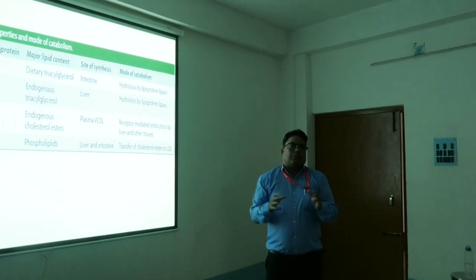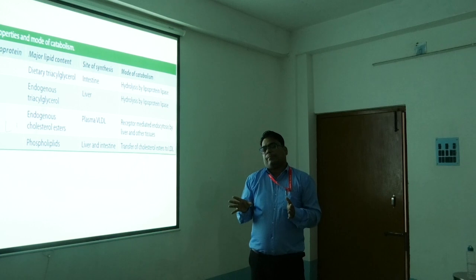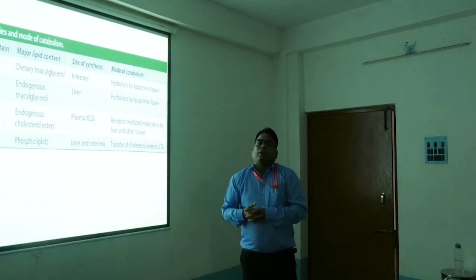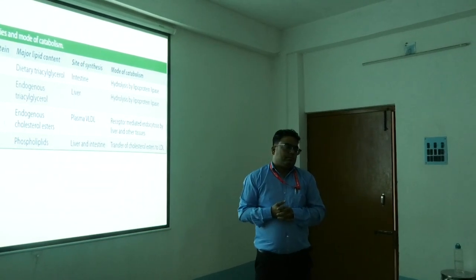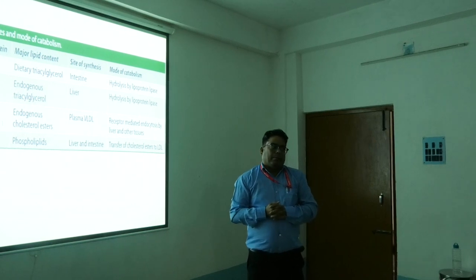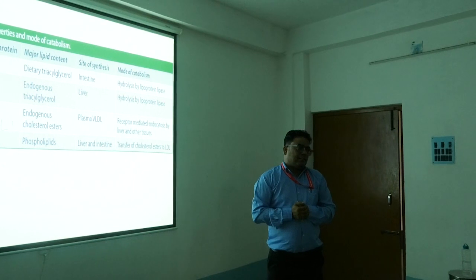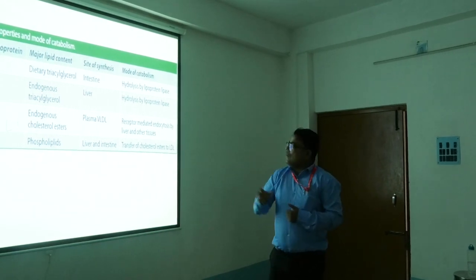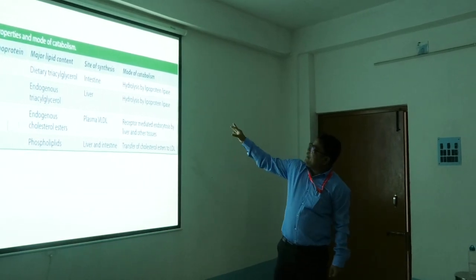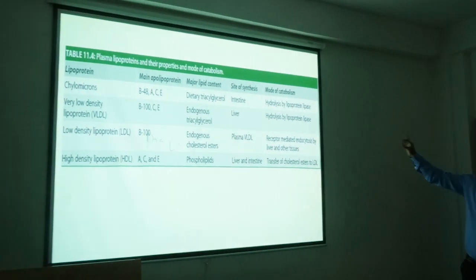Okay. If the question in the exam asks you to write about lipoprotein metabolism, then firstly you give the classification. Understand? Then the mode of metabolism: hydrolysis by lipoprotein lipase.